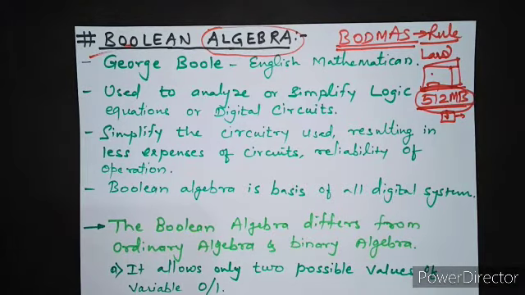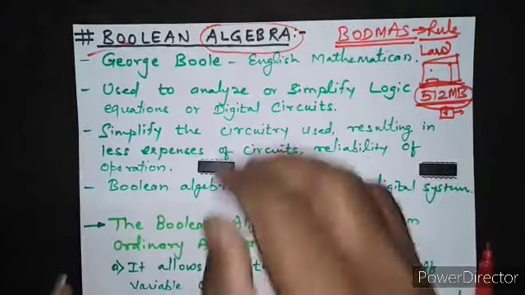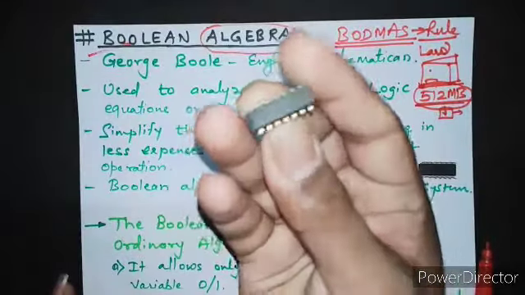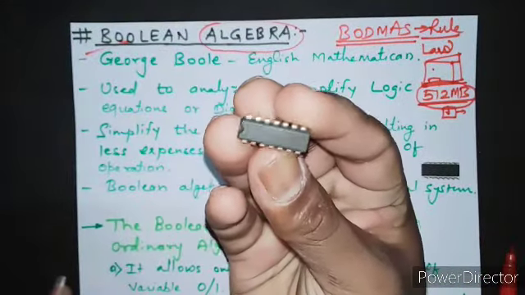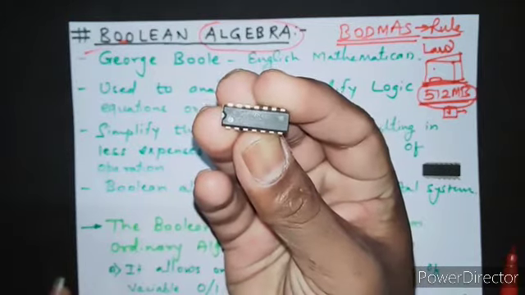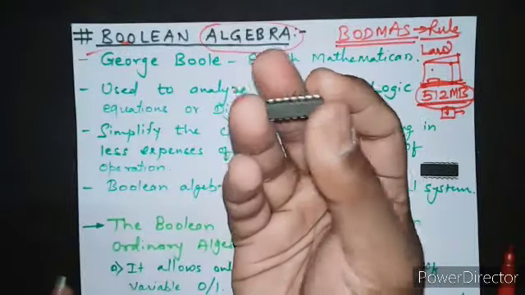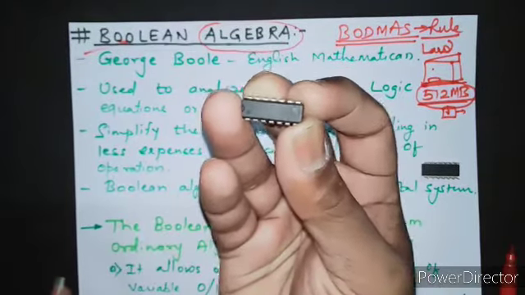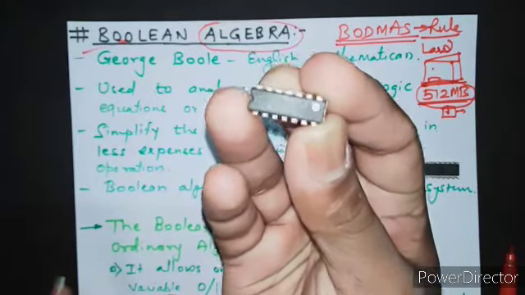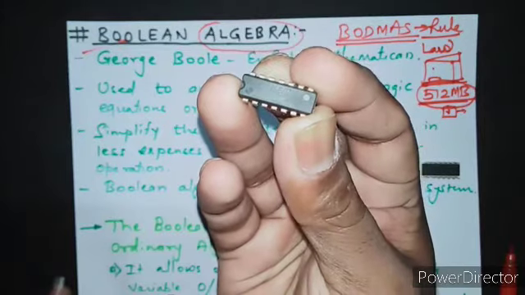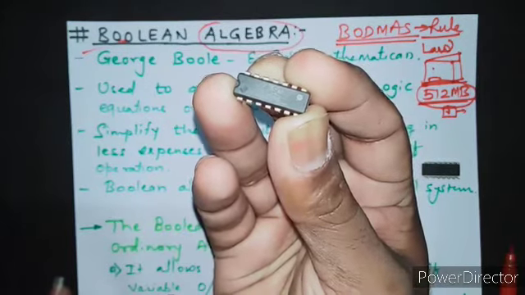Now we have different integrated circuits, ICs. Let me try to show you. This is one digital IC, a digital circuit, of this type. It can be seen while performing practicals, and if you see, some numbers are printed on it.